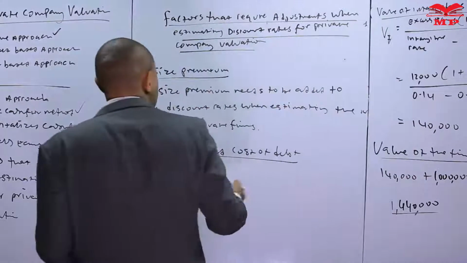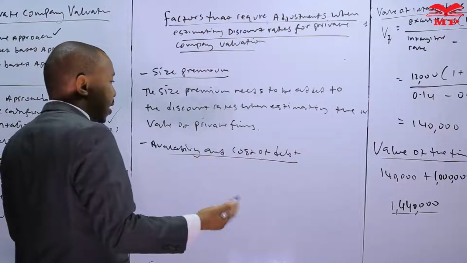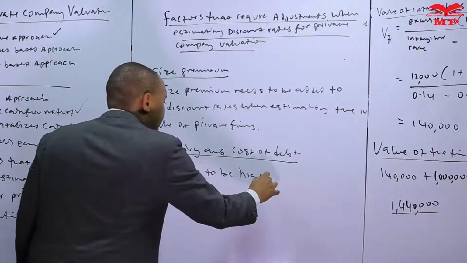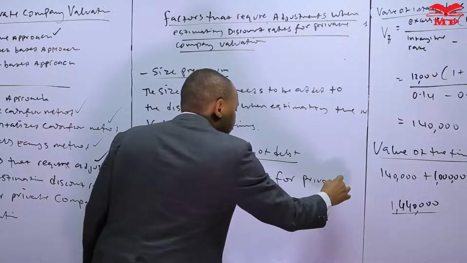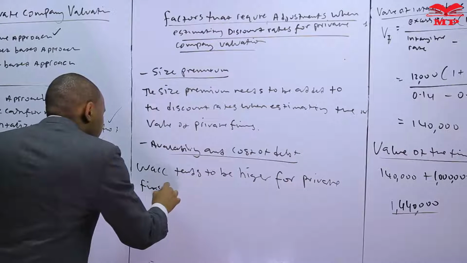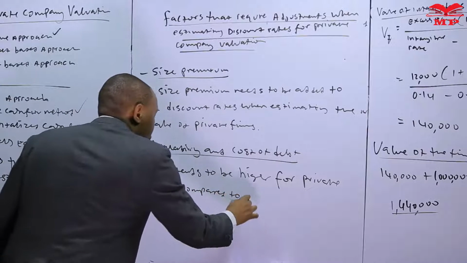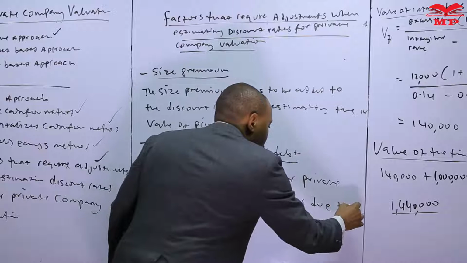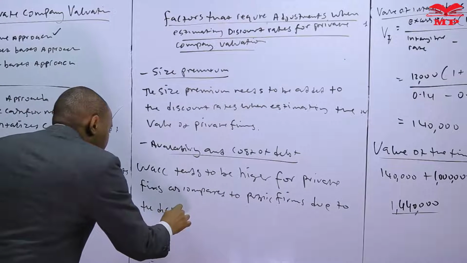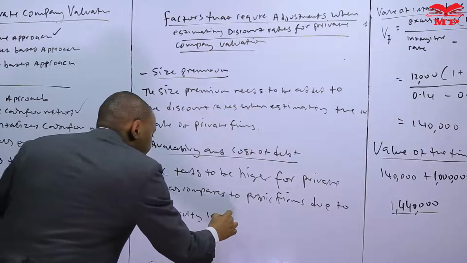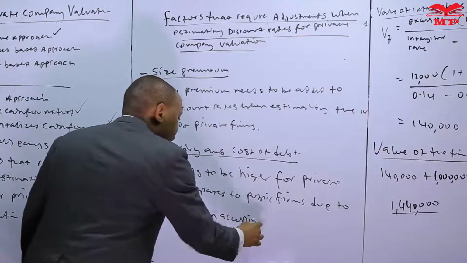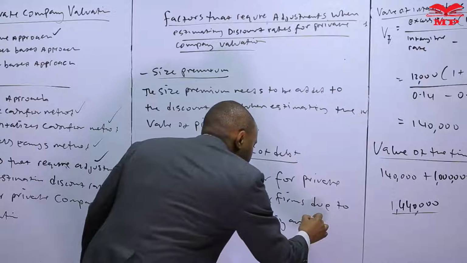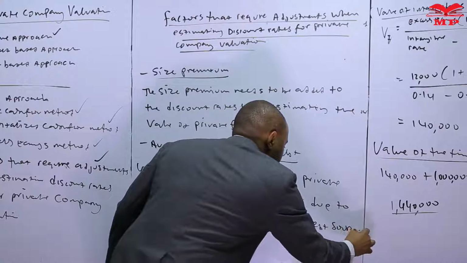So we can say that WACC tends to be higher for private firms as compared to public firms, due to the difficulty in accessing equity and debt sources of finance.